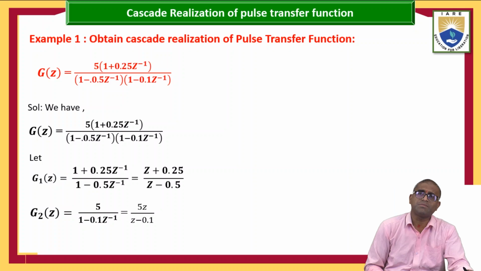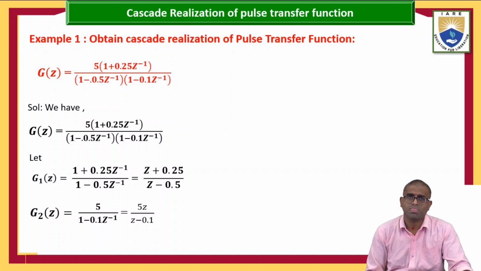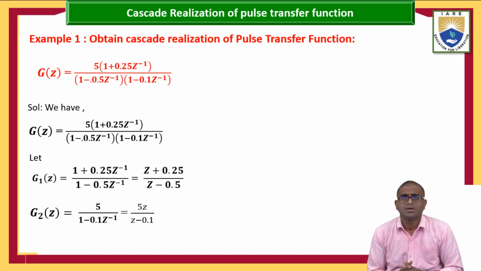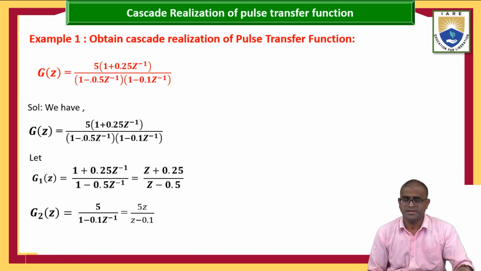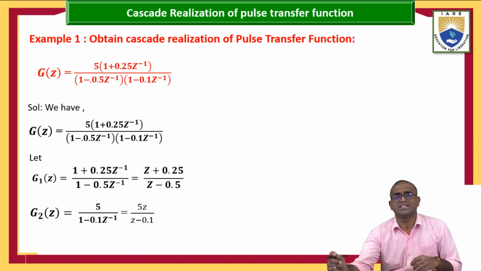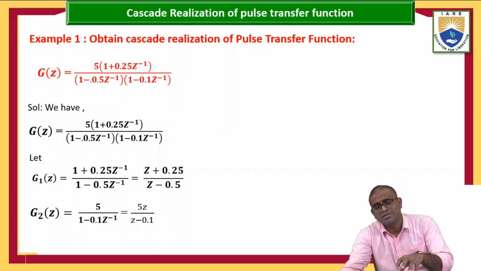Now I am going for one more problem: 5 into (1 plus 0.25 z inverse) by (1 minus 0.5 z inverse) into (1 plus 1 z inverse). For that I am going to do the cascade relation. After examples 1 and 2, I will also see the parallel relation.